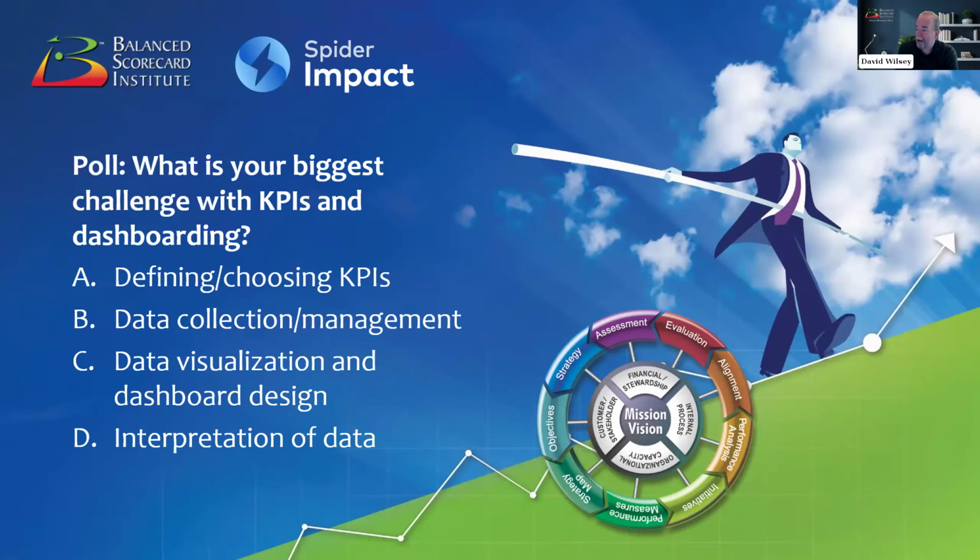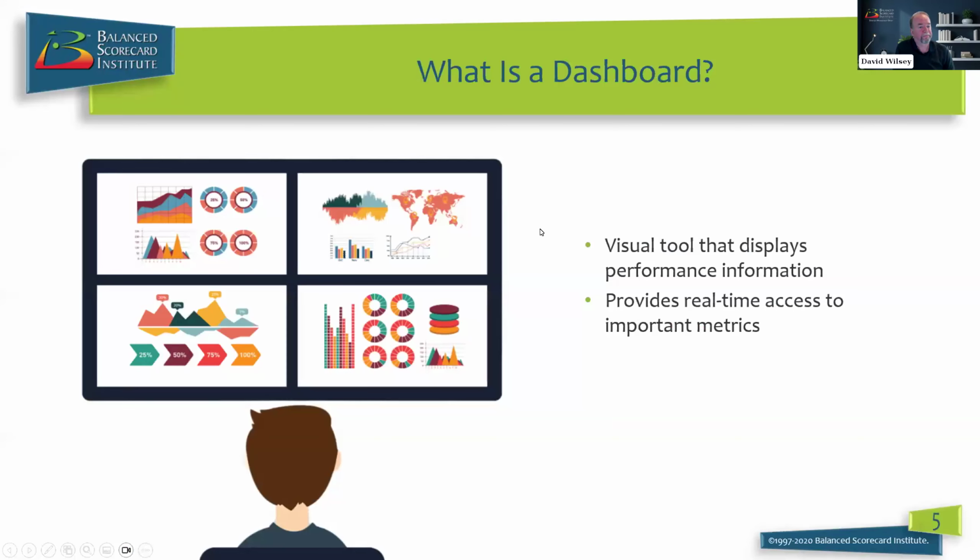Okay, so anybody then that is wrestling with defining and choosing KPIs, let's talk about that a little bit. First of all, what do we mean by a dashboard? Just the basics. We're talking about some sort of a visual tool that tells you what our performance information is telling us. We have all this data.